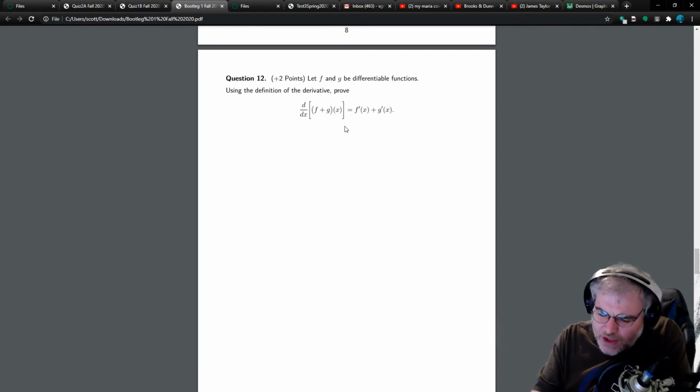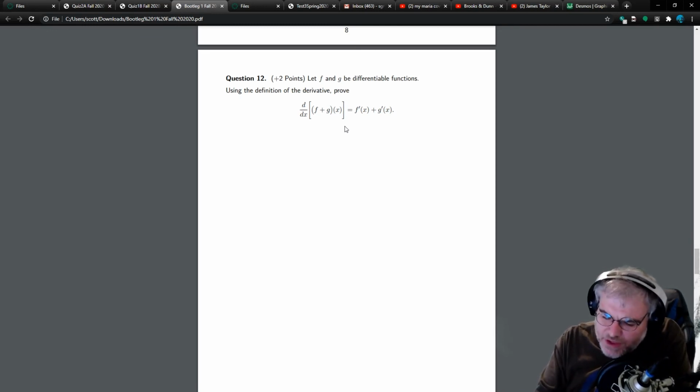So let L of x equal f plus g of x. And what you want to show is that L prime of x equals f prime of x plus g prime of x.